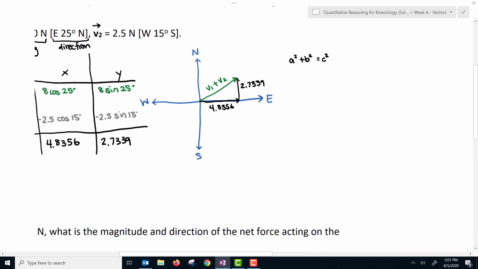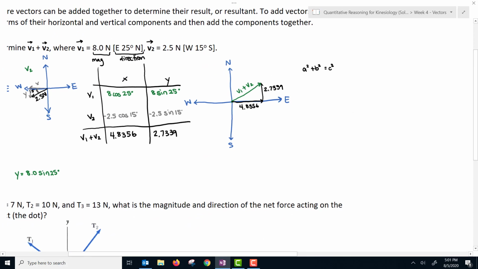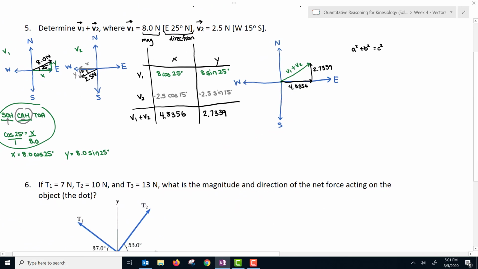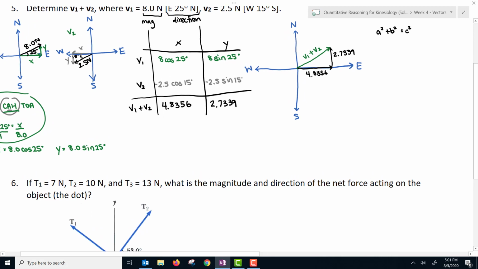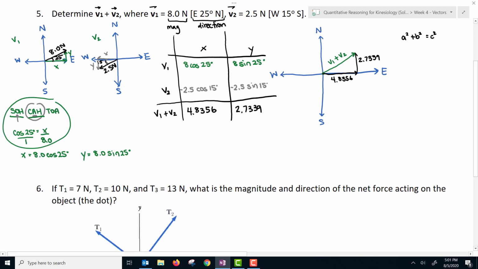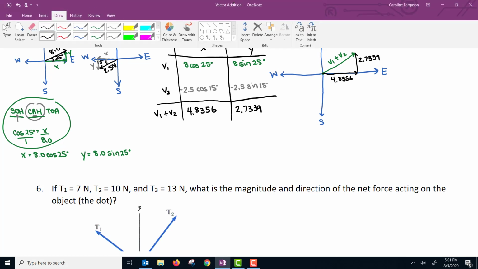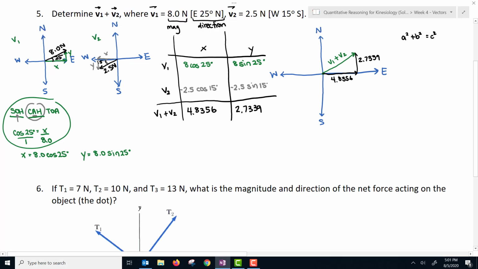I'm just going to zoom out so you can see everything. Okay, let's start to sub in what we know. My a and my b, it doesn't matter which one's which as long as my c is the hypotenuse. So let's say this is a, this is b, and this is c.